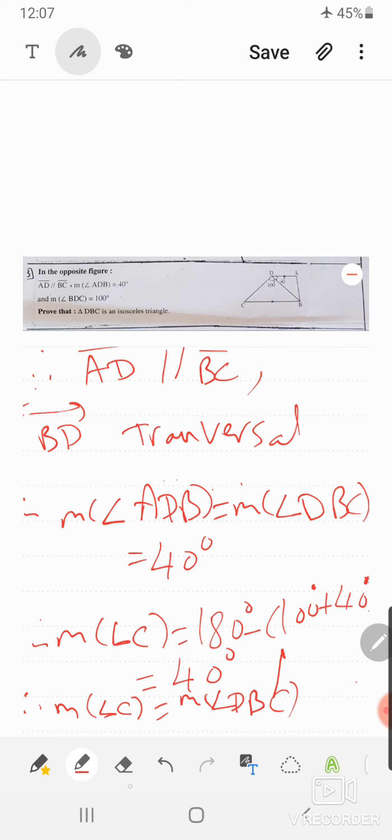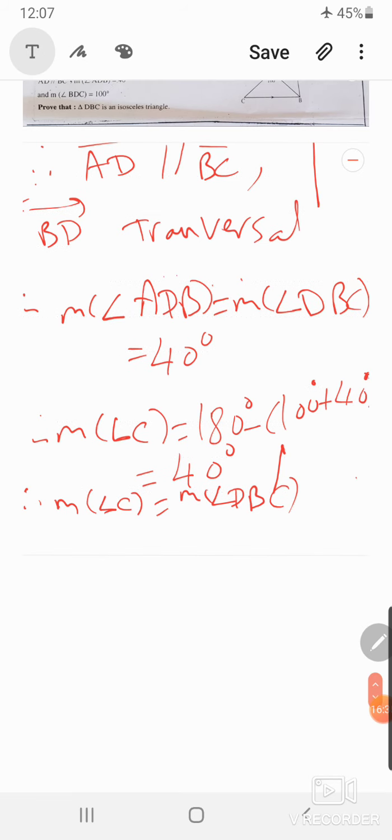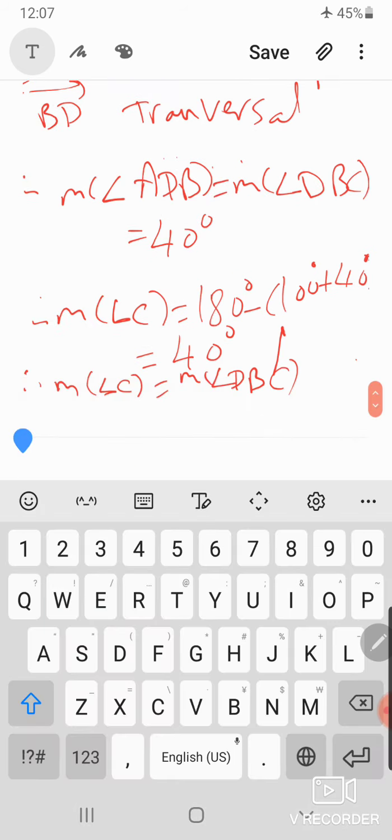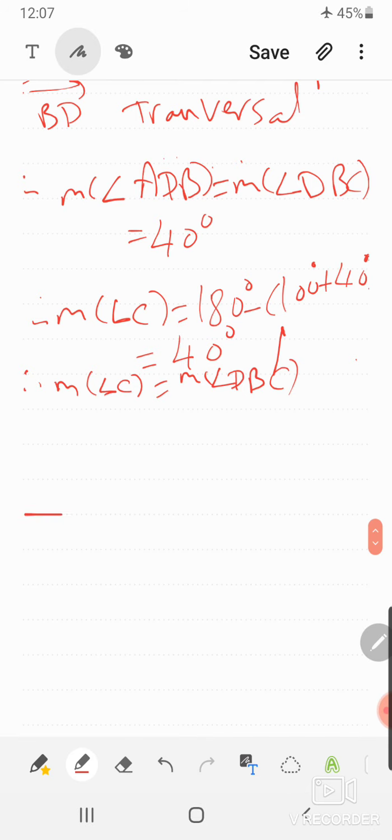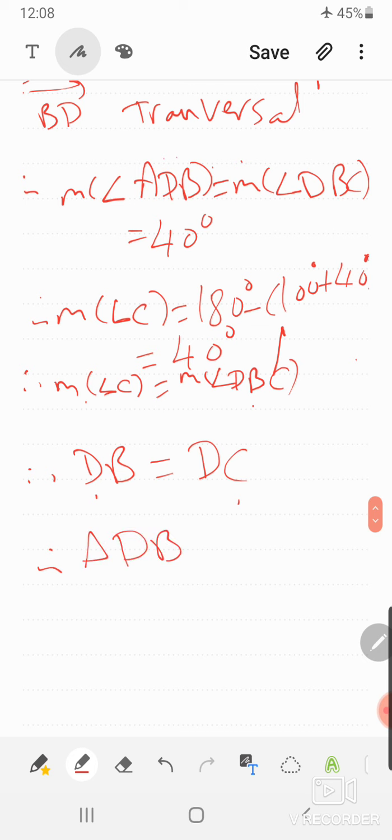When I have angle equals angle, so the side DB equals the other side DC. Here you have angle equals angle, side equals side, therefore triangle DBC is an isosceles triangle.